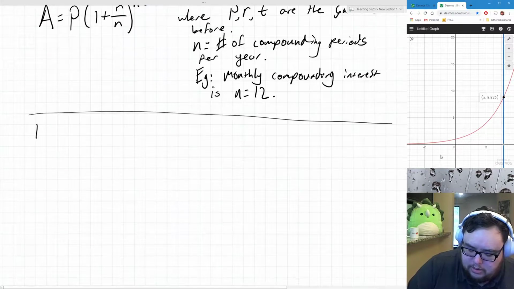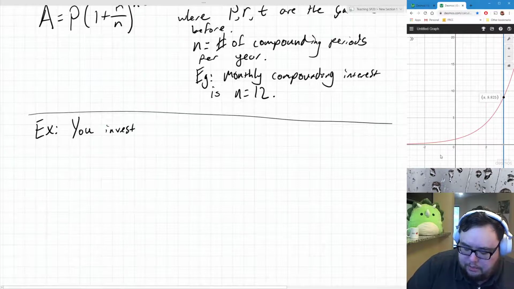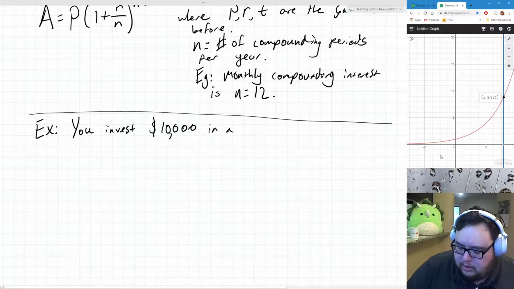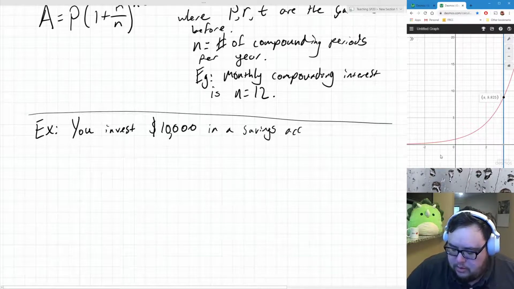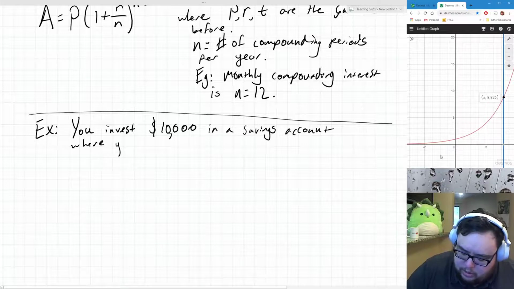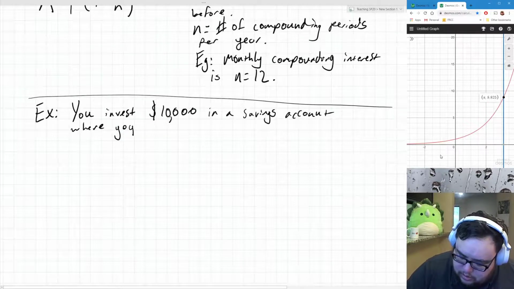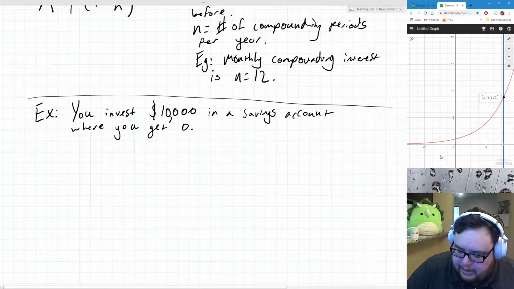So, for example, you invest $10,000 in a savings account where you get 0.99% APR compounded monthly.